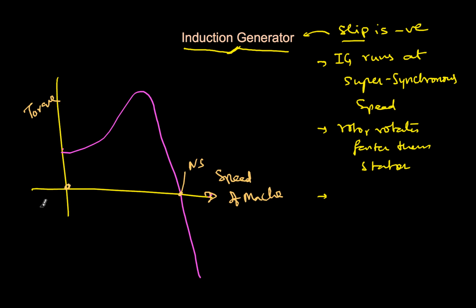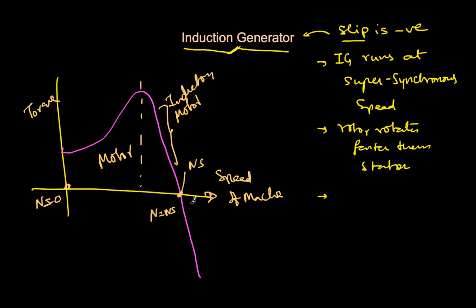Here the speed is 0, and here the speed n equals ns, and this part is the motor. In fact, more specifically, this region is the motor region, that is the induction motor, and this region is the induction generator.